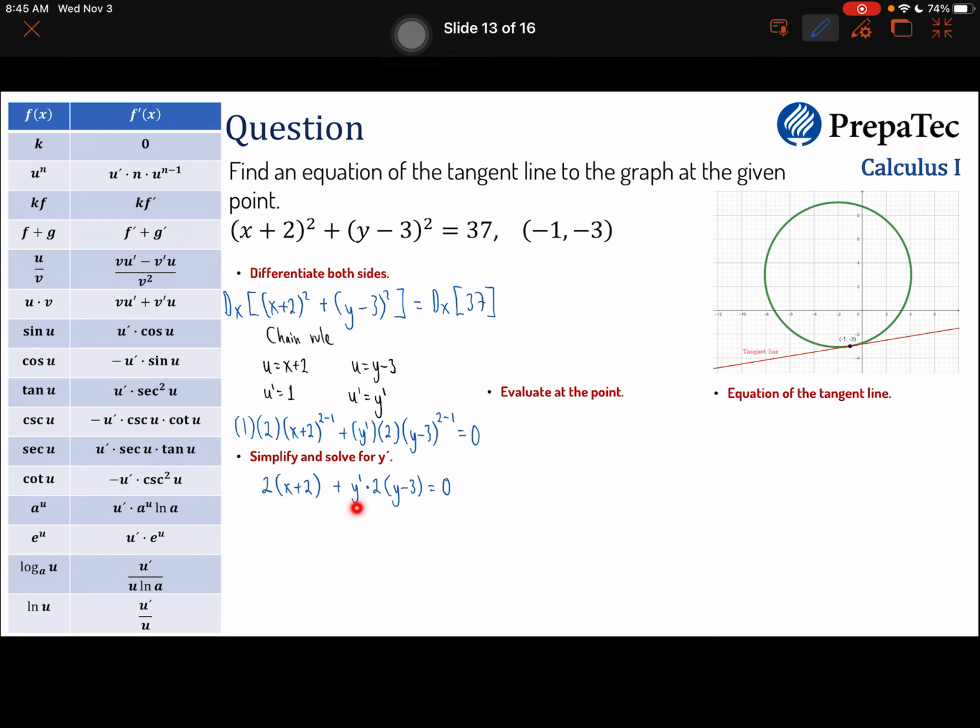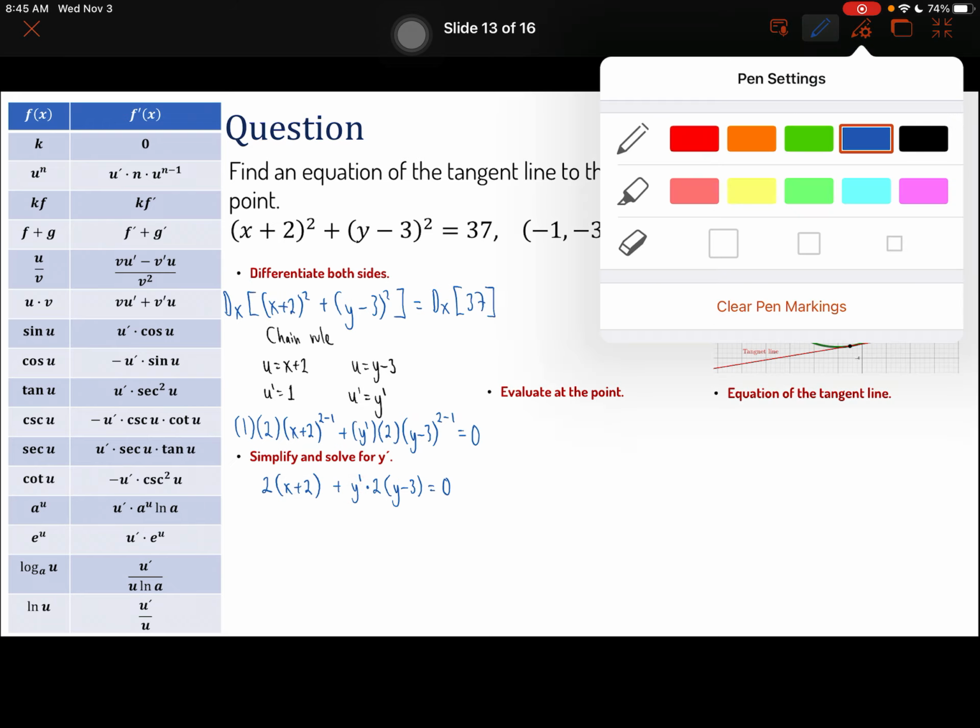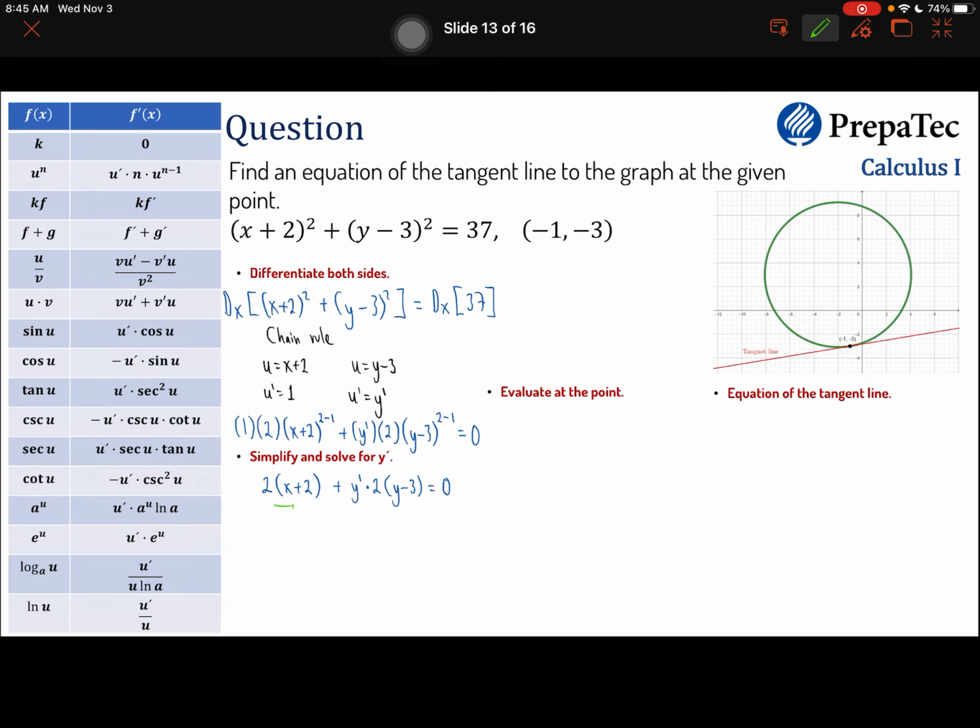Now, because I need to solve for y prime, it means that I need to isolate y prime, so this term that is on the left ends on the right with an opposite sign. So we have that here. This was on the left and now it's on the right.